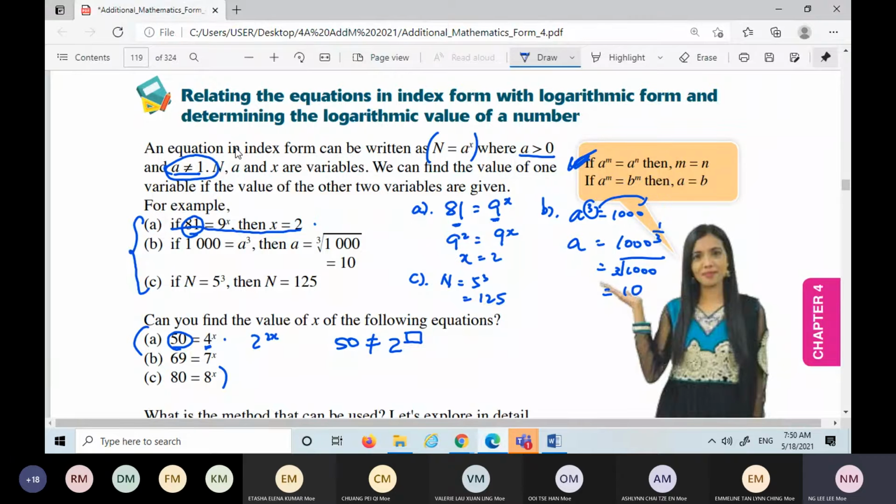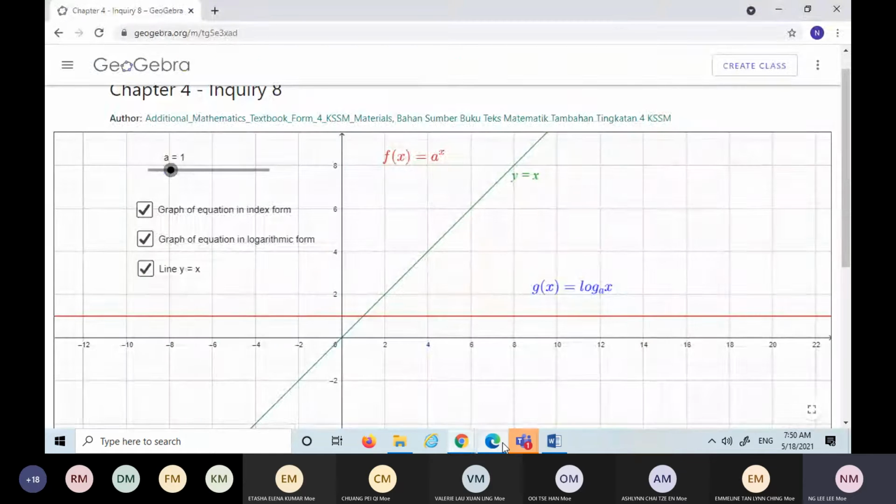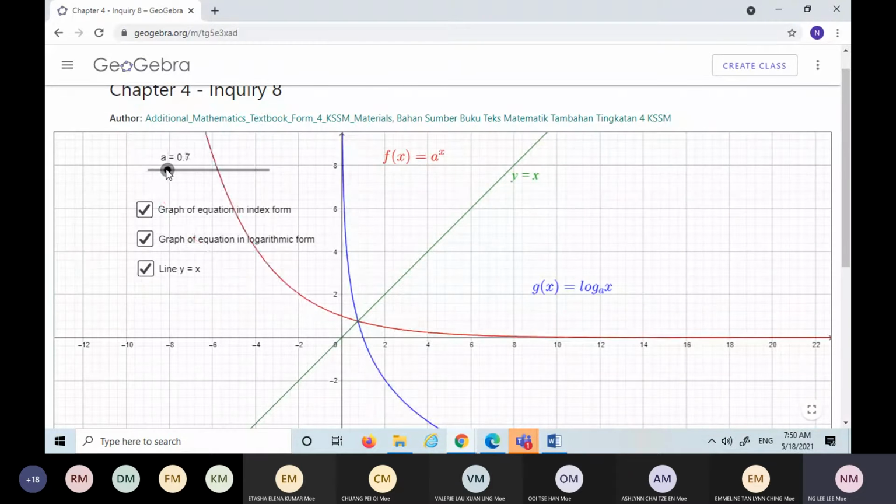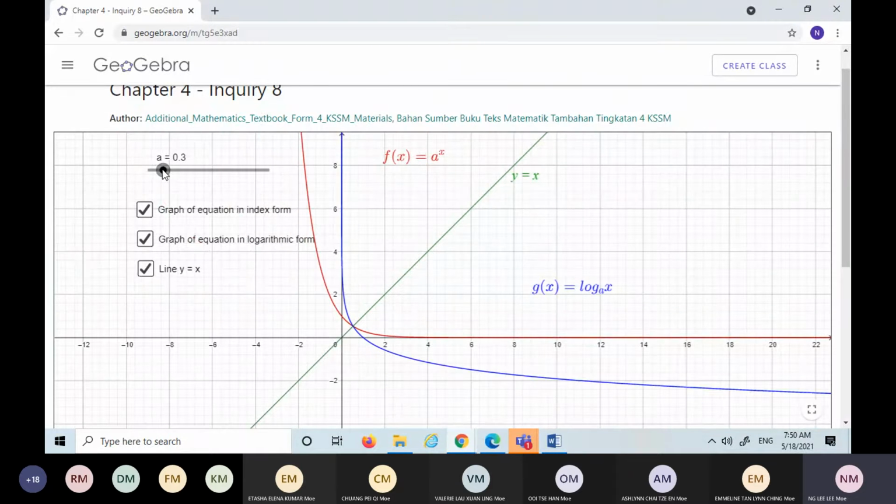Then I want to drag the cursor A to a negative value. I want to see what is going to happen. This is still positive. This is 0. When it's 0, it's also the same thing.